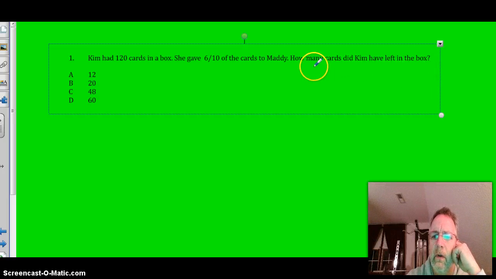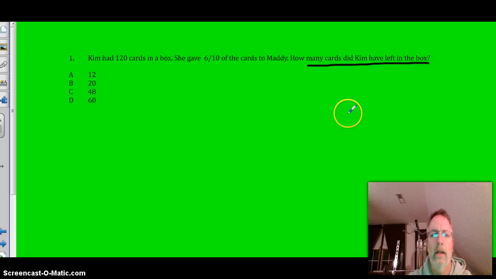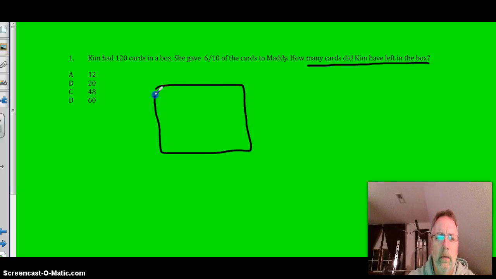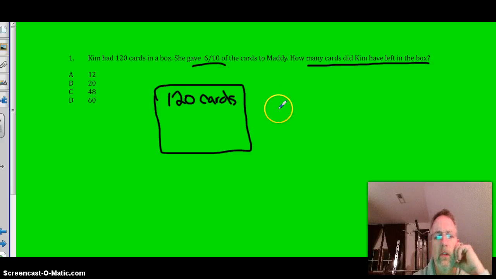So we're focusing on how many cards were left in the box. We're talking about a box again, so this shouldn't be hard to draw. And in this box, there were 120 cards. It says that she gave 6/10 of the cards away.